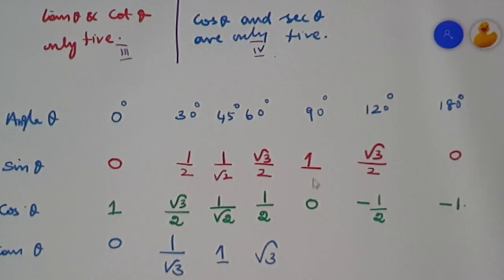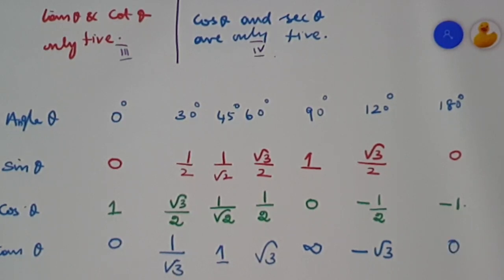Then tan 90 is 1 by 0. 1 by 0 is infinity. Any number divided by 0 tends to infinity. Then tan 120: root 3 by 2 divided by minus 1 by 2, so the answer is minus root 3, opposite to that of tan 60. And tan 180 is again equal to 0.